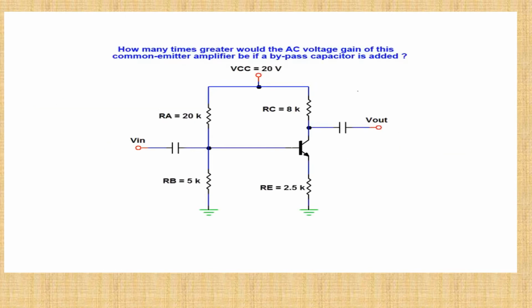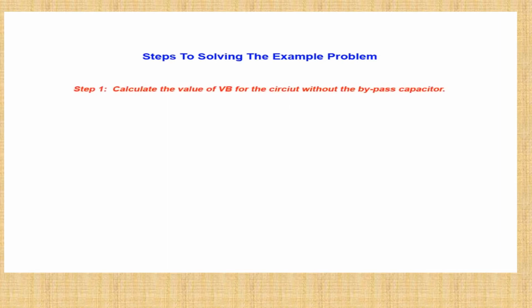Having assigned sample values to the elements in the circuit, we are asked how many times greater would the AC voltage gain of this common emitter amplifier be if a bypass capacitor was added to the circuit. We will begin our analysis by outlining the steps required to solve this example problem. We begin by calculating the base voltage for the circuit without the bypass capacitor. We then use the value of base voltage obtained from step 1 to calculate the voltage appearing at the emitter.